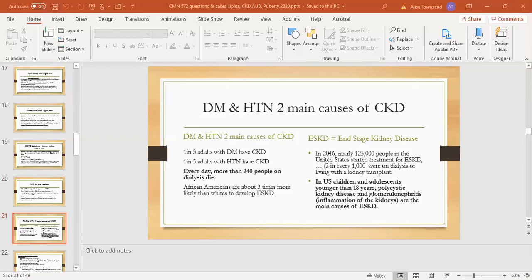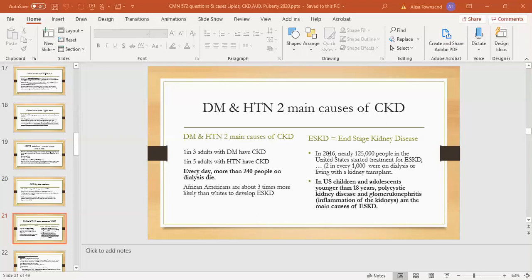I just want to say that about glomerulonephritis, because link that back to streptococcal infections or strep throats or upper respiratory infections that are caused by strep. If that's not adequately treated, that can cause problems with the kidney. So be aware of that.